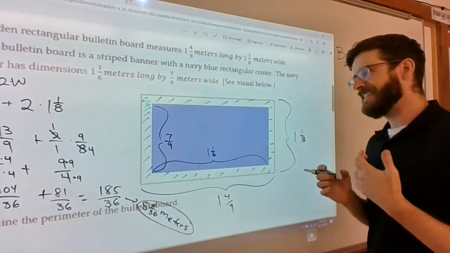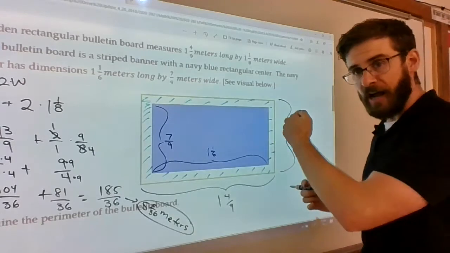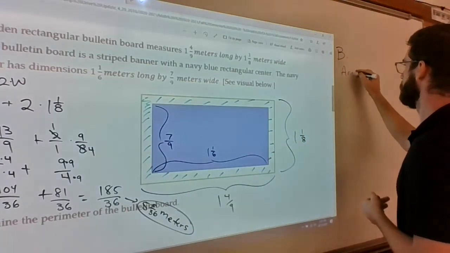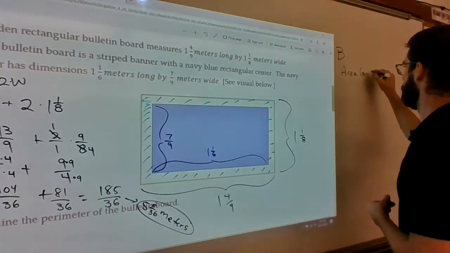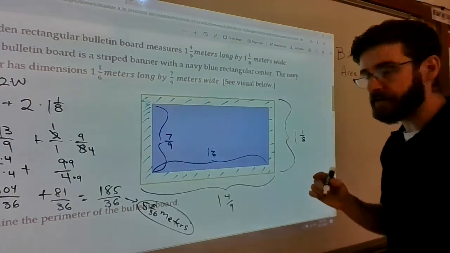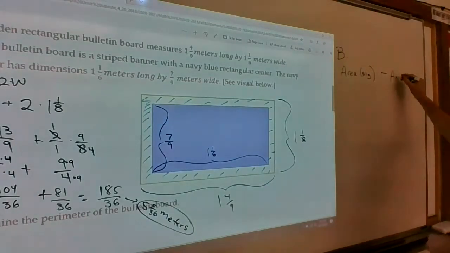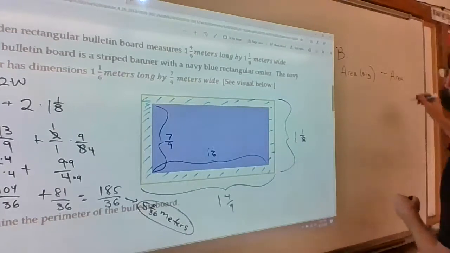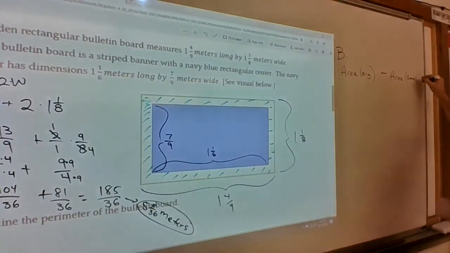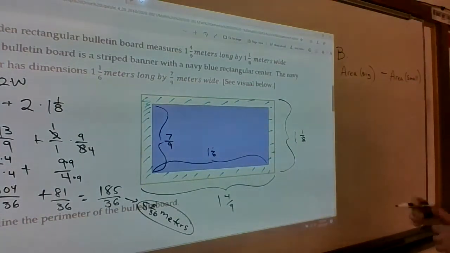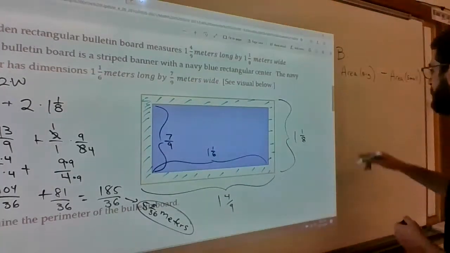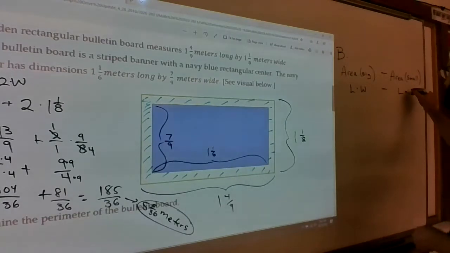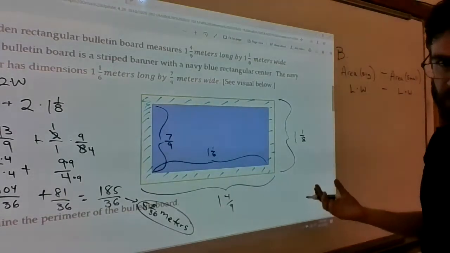So it's kind of like, take the area of the outer object, or the big one, and subtract the area of the small one. Yeah, and they're both rectangles, so they're both going to be length times width, but we're going to be dealing with a different length and a different width for both of them, obviously.